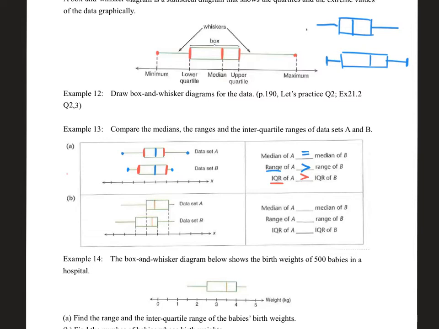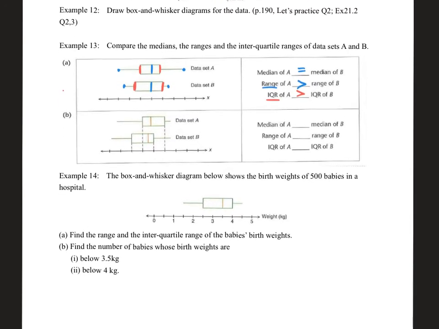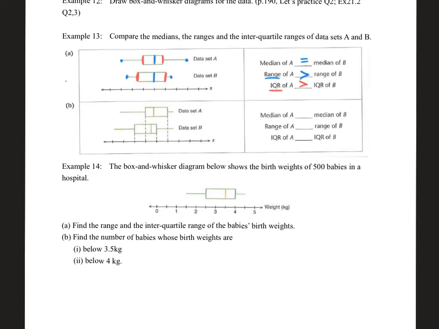Next, we'll read 2 examples to see how the question of the box-and-whisker diagram may ask you. Example 14 talks about the birth weight of 500 babies in a hospital, and part A asks about range and interquartile range. Hopefully it's very easy. Range is the maximum value minus the minimum value, so 4.5 minus 1.5 is 3, and don't forget the units, kg.